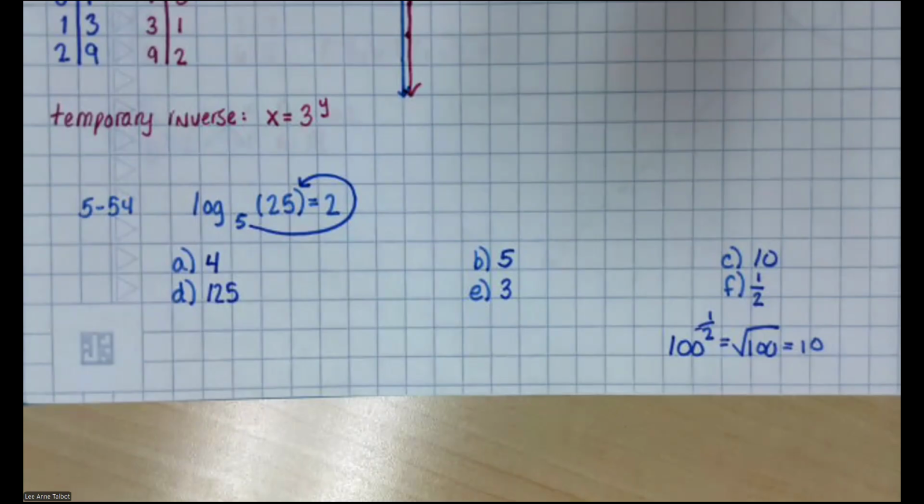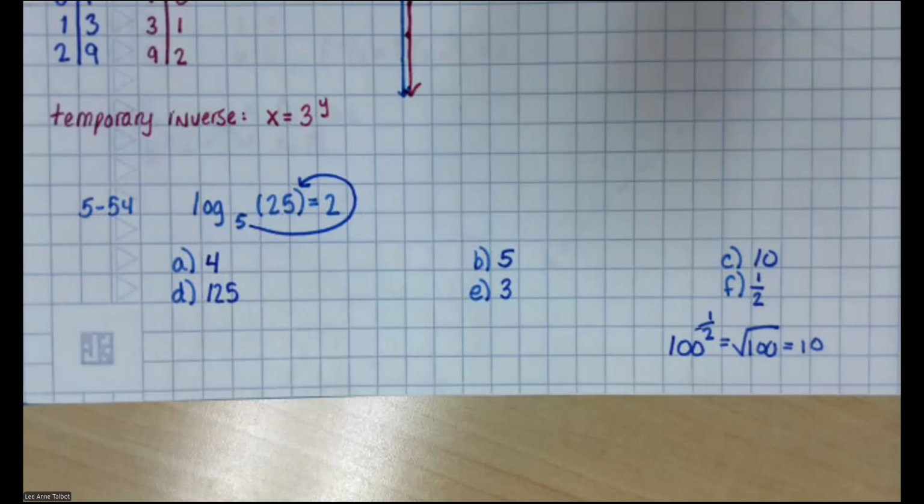So follow the arrow around. 5 to the 2 equals 25. That's what I want you to do with your eyes when you're doing these problems. You start here with your eyes. This to the this equals that. Now, how does that have anything to do with what we're learning right now?